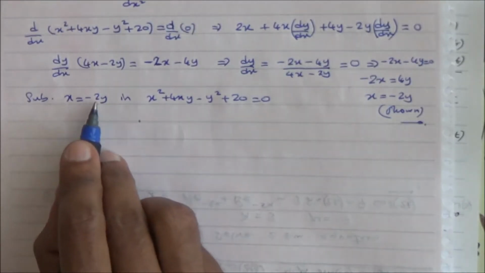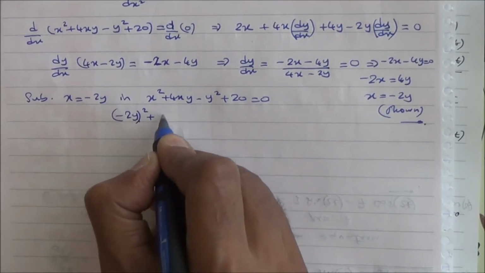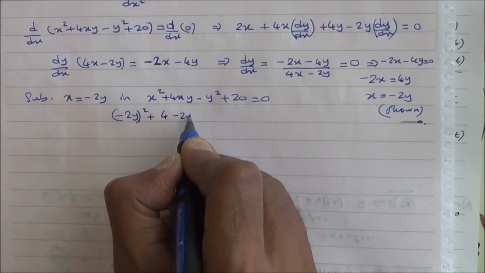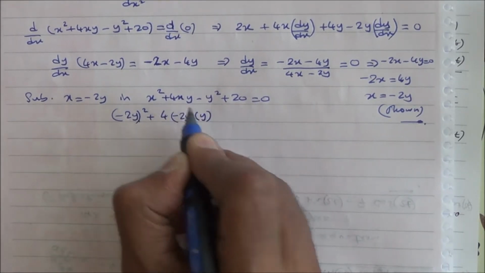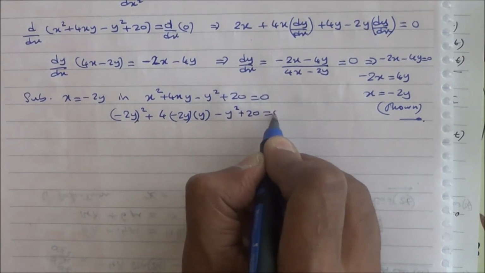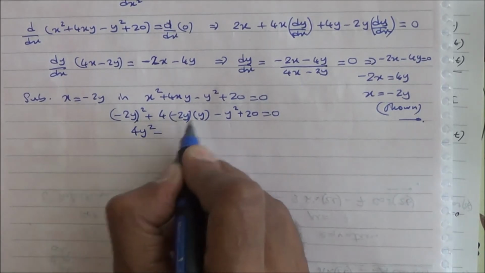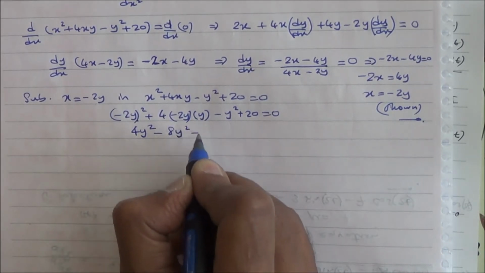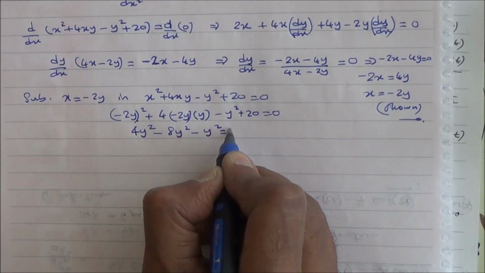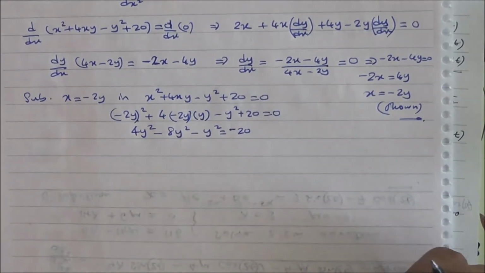So minus 2y squared plus 4 times minus 2y times y minus y squared plus 20 is equal to 0. That's going to become 4y squared minus 8y squared minus y squared, and you can send the 20 to the other side, minus 20.